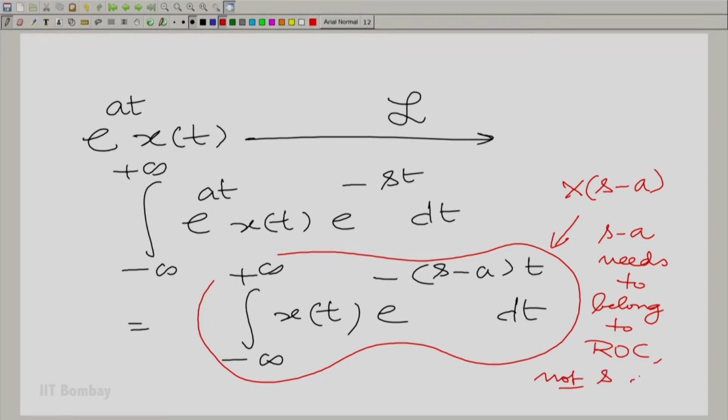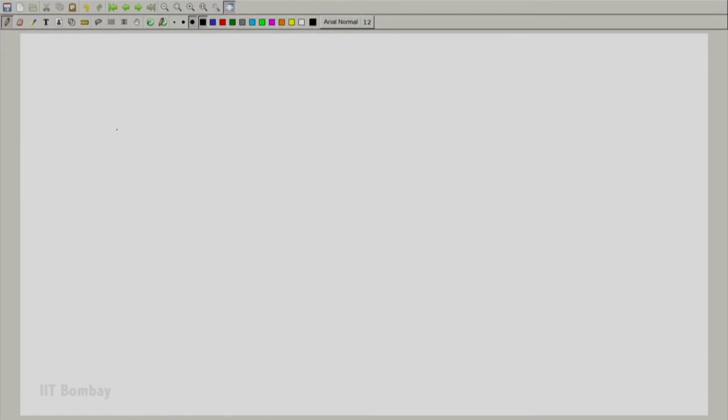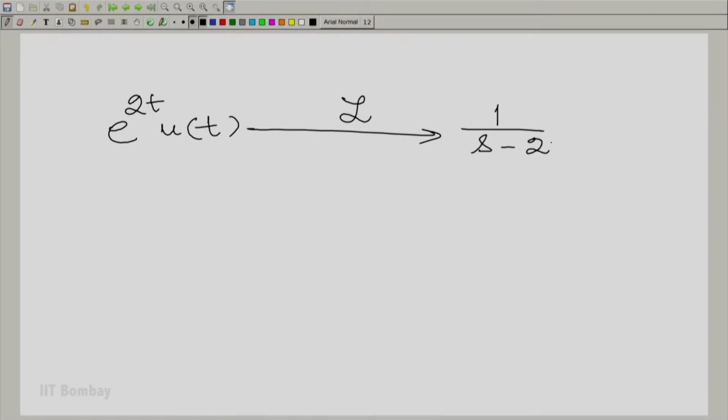Now, let us take a very simple example. Let us take e raised to the power 2 t u t, our favorite signal all this while. Let us look at its Laplace transform. We know what it is. It is 1 by s minus 2 with a region of convergence, real part of s greater than 2.